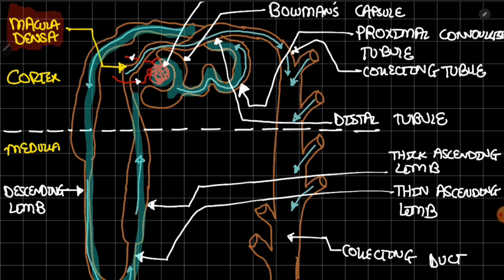Then we jumped to the DCT and the collecting duct. Also we have covered the tubuloglomerular feedback in the glomerulus itself, and the juxtaglomerular cells. Together the juxtaglomerular cells and the macula densa cells form the juxtaglomerular apparatus.